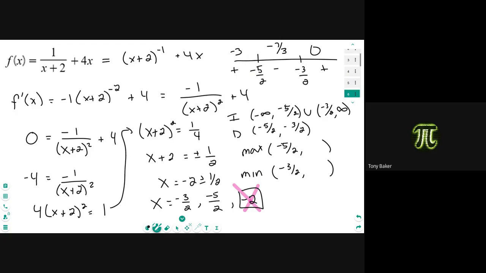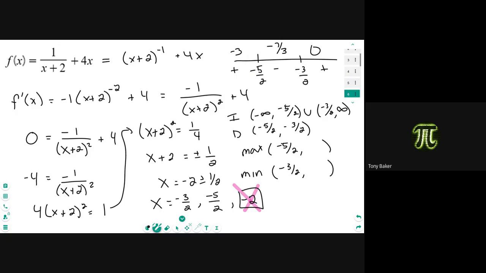So what'd you get for your minimum or for your maximum? Should get -12.